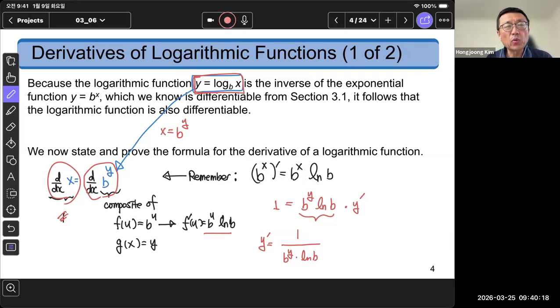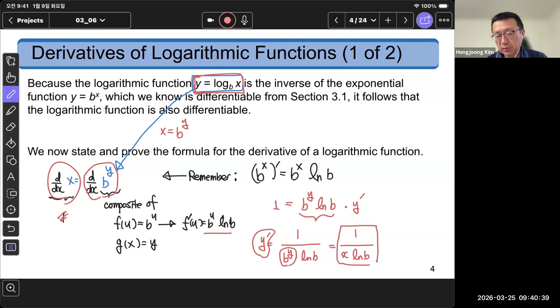So b to the y was just x. So 1 over x times ln b will be y prime when y is given as a logarithmic function.